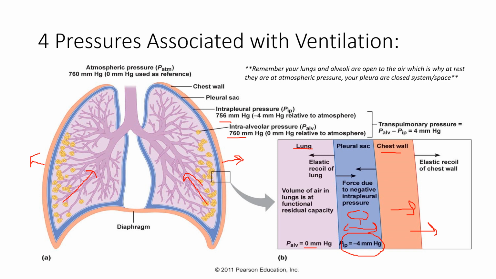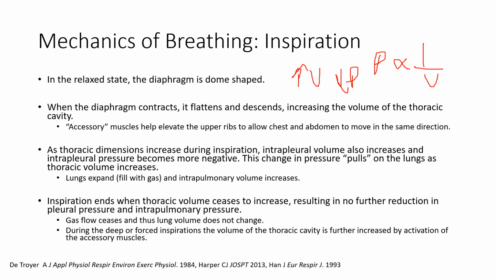Make a plus sign: volume increases, and thus pressure decreases. If pressure further decreases in the pleural space, it allows the lungs to inflate, because there's even less pressure pushing against them. So by expanding the thoracic volume, we decrease the pressure in the pleural space by increasing its volume.